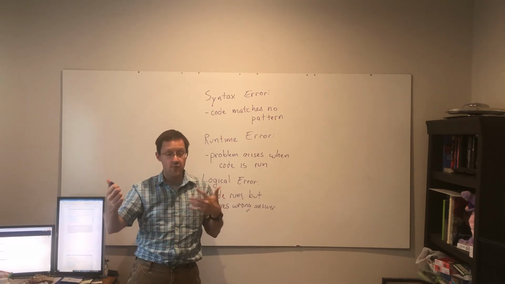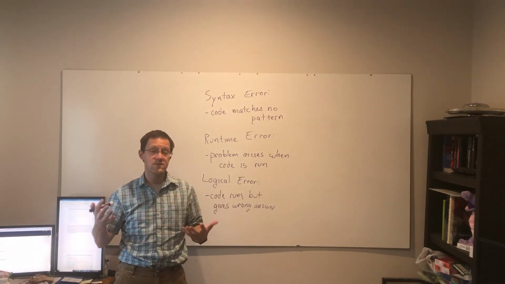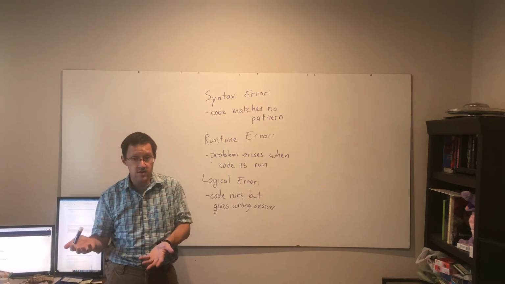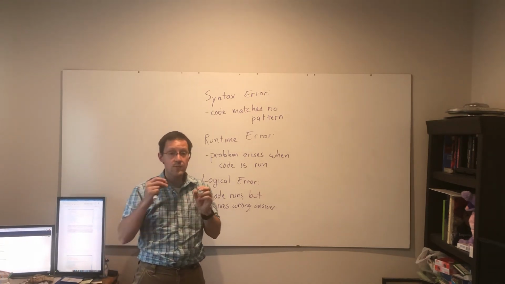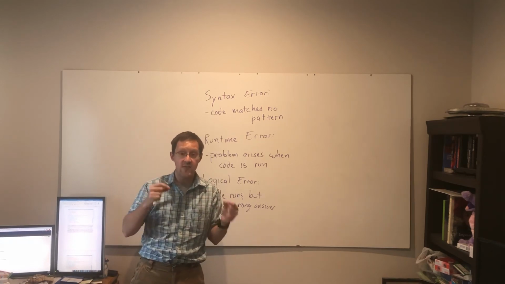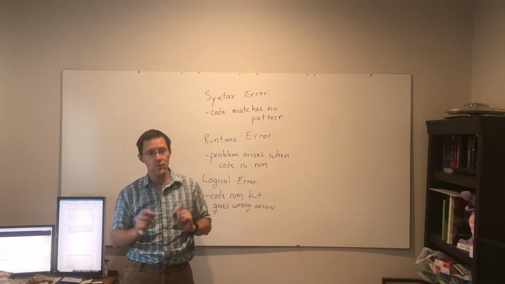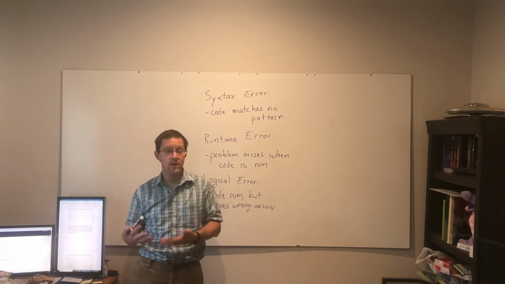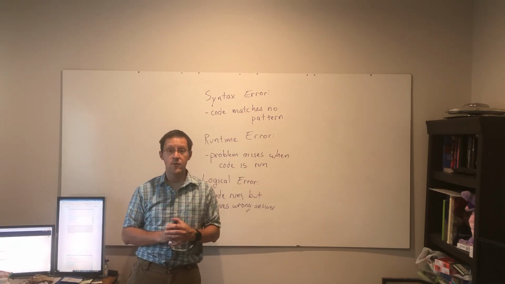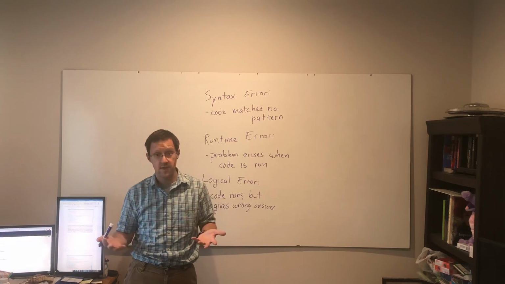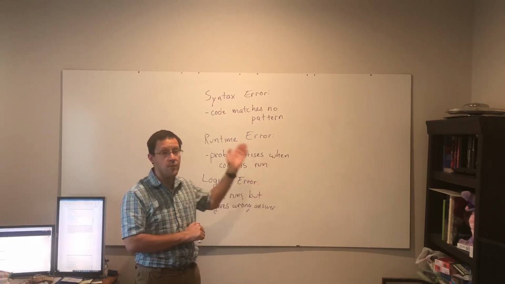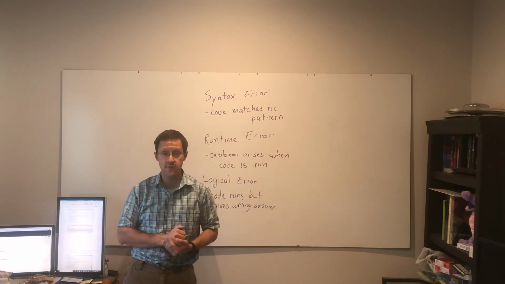So especially for runtime errors, when it tells you here's the number of the line that it is on, that's when the computer discovered the error, not necessarily where you need to look to fix the error. But again, we will see more examples of that and more on that later in other videos when we look at an example stepping through. There are going to be demos showing you examples of these 3 kinds of errors.